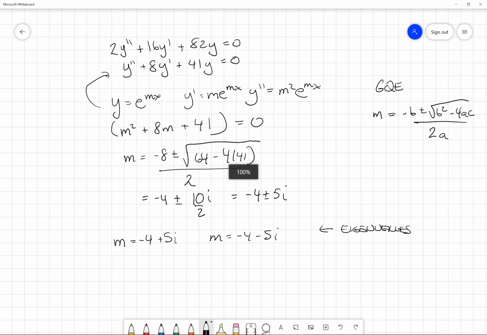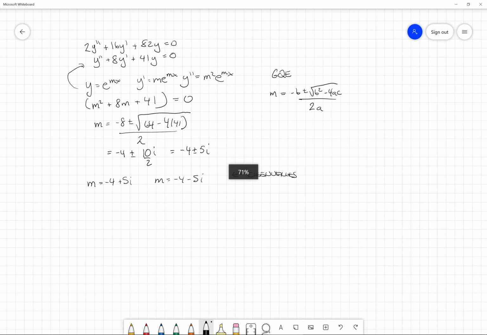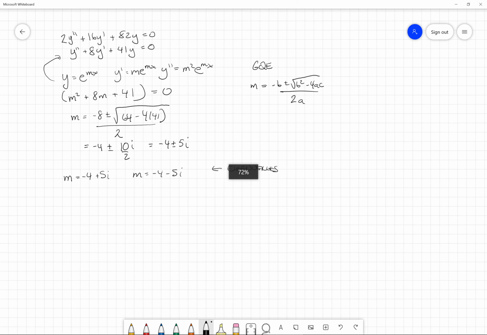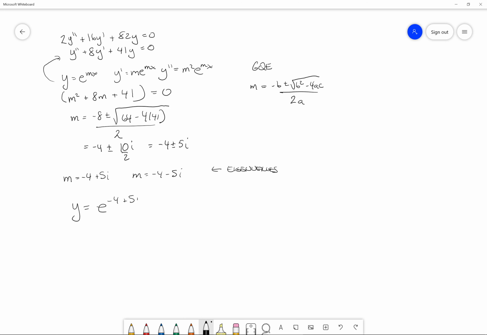Here, let me move my screen up a little bit and zoom out. Okay, so the general solution is y equals c1 e to the negative 4 plus 5i, plus c2 e to the negative 4 minus 5i.